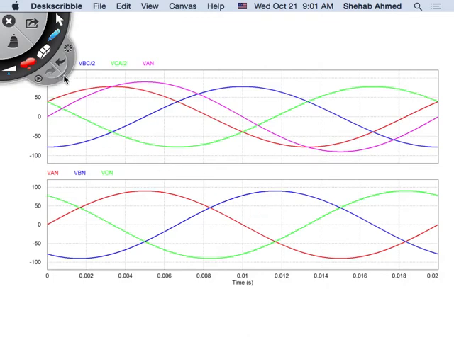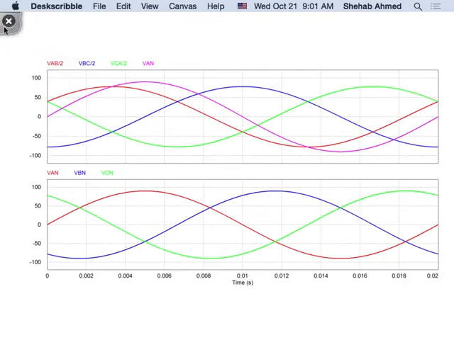So the first thing I want to note here is I have these waveforms, VAN. It's the phase voltage across phase A. Do you see the reasons now why I have here VAB over 2, VBC over 2, and VCA over 2? Because what I want to draw is the output voltage on my load.